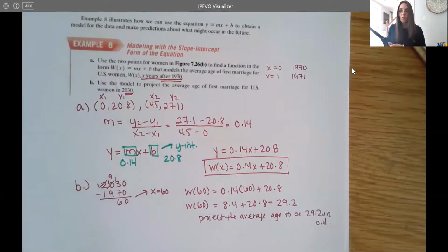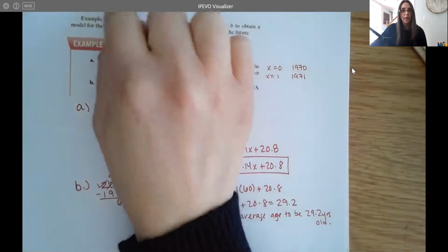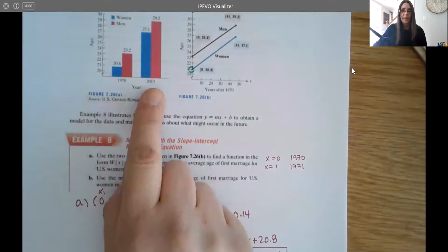Now, one thing I will warn here when making predictions, which I think is skipped over in this example, is that our data only goes up to 2015, and 2030 is pretty far away from that, so 15 years later. We only have about 45 years of data here from 1970 to 2015.